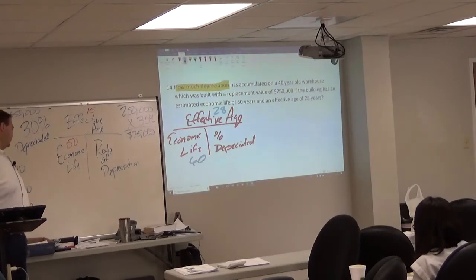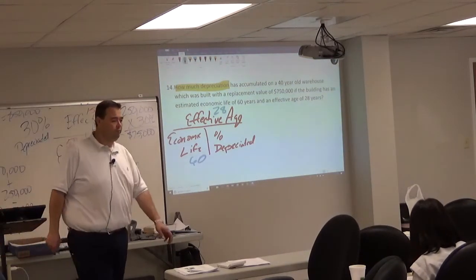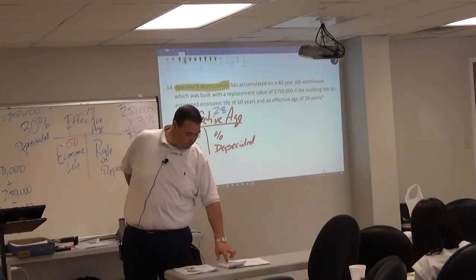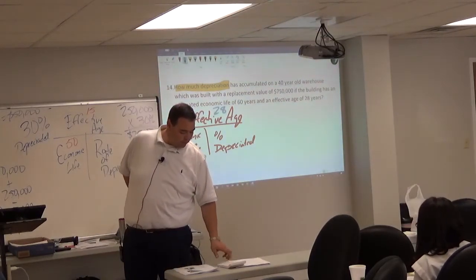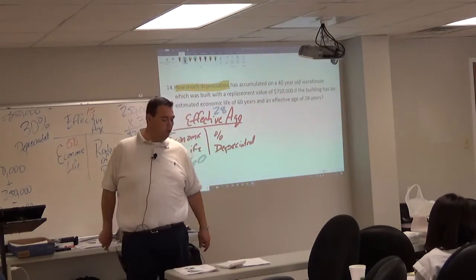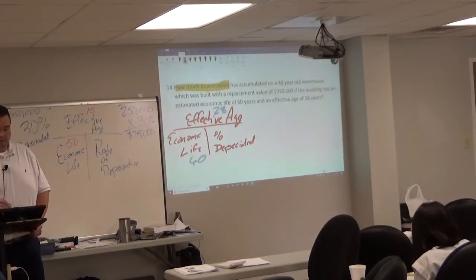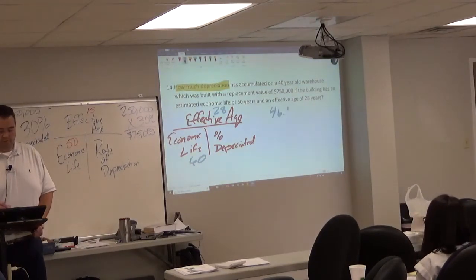Can we do that math? 28 divided by 60? And it's a rate, so we multiply it times 100, right? What rate of depreciation do we have here? 46.67% depreciated.